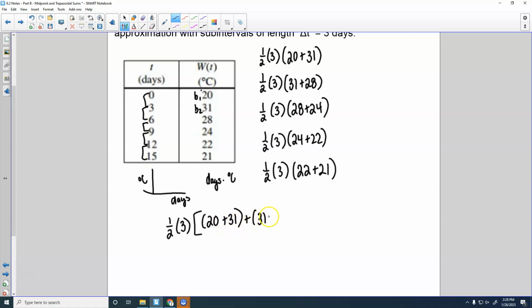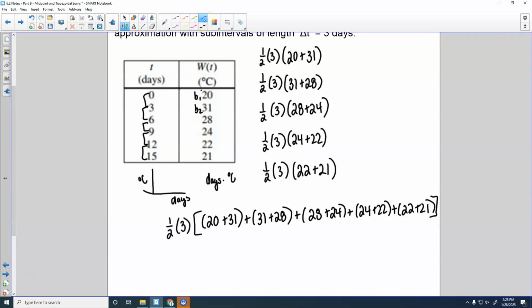plus 31 plus 28 plus 28 plus 24 plus 24 plus 22 plus 22 plus 21. Now, what do you notice about this long string of numbers?